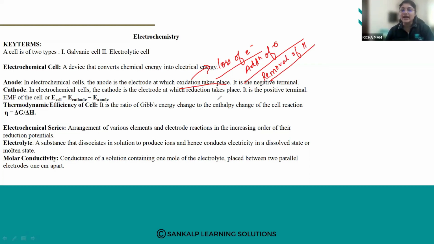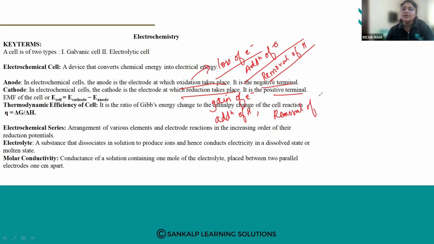So what happens at anode? It is a negative terminal where oxidation takes place. Cathode is a positive terminal where reduction takes place, so there will be gain of electrons, addition of hydrogen, removal of oxygen.